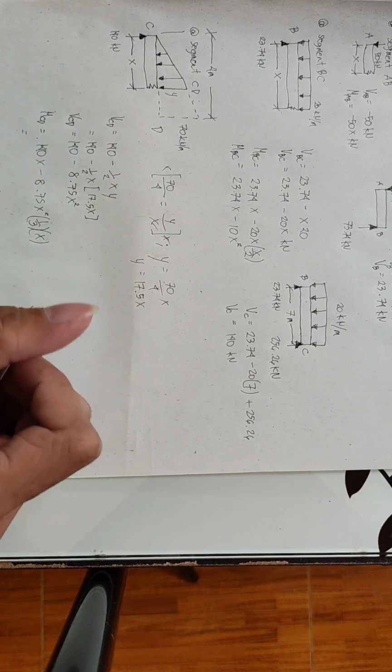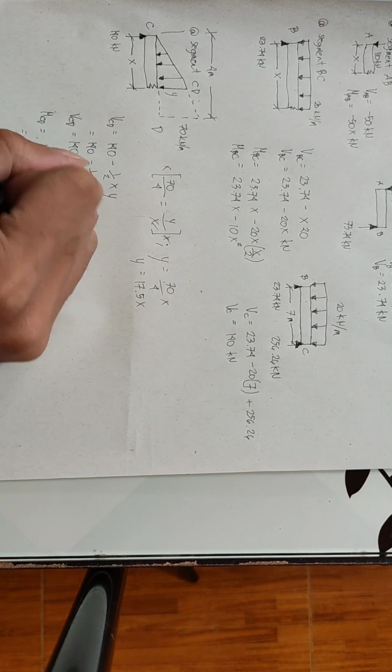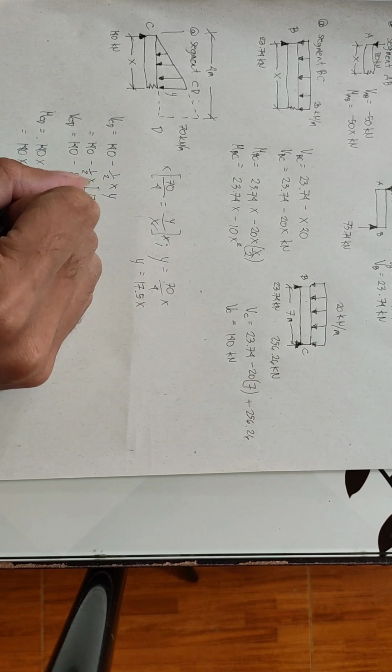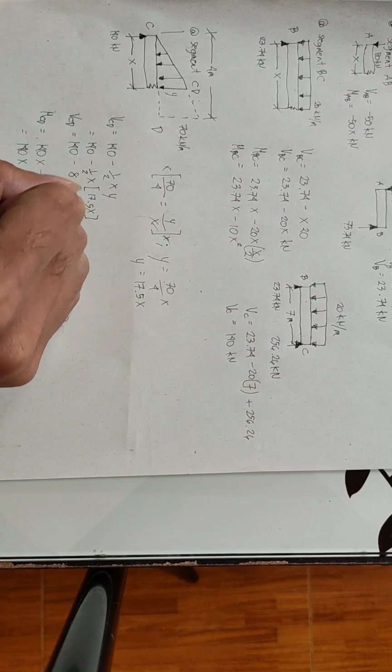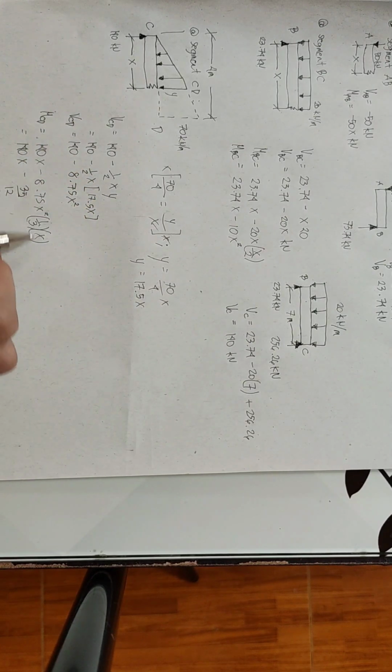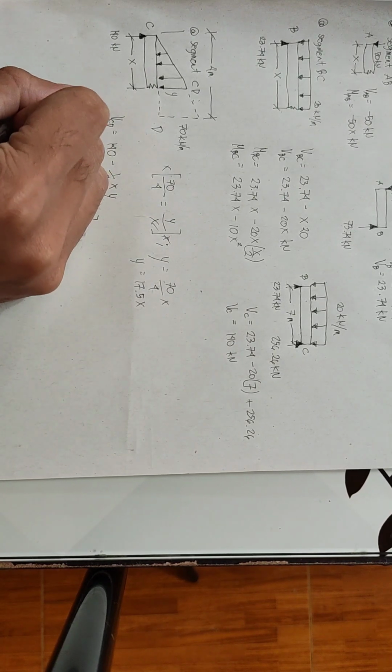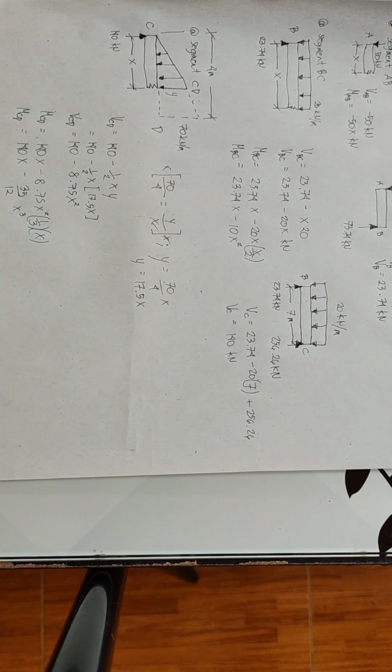So simplify: 140x minus 8.75 divided by 3, so we will get 35/12. Then x squared times x is x cubed. So this will be our moment at CD.